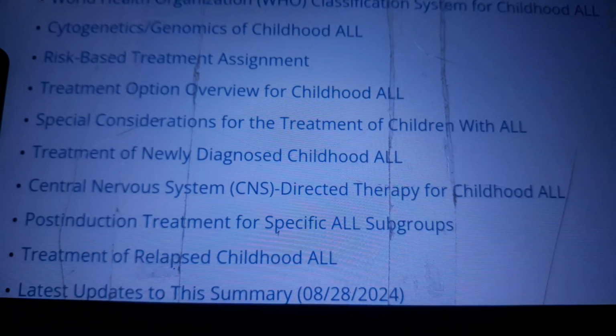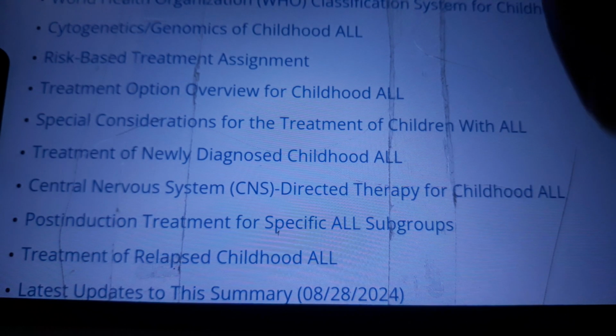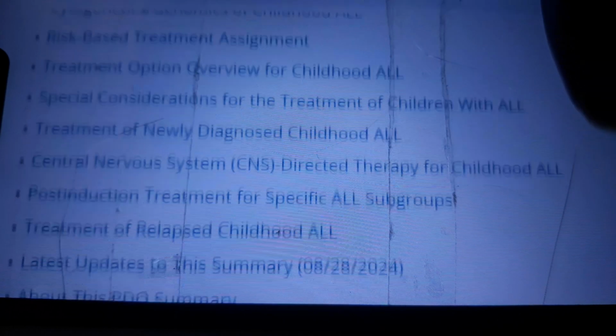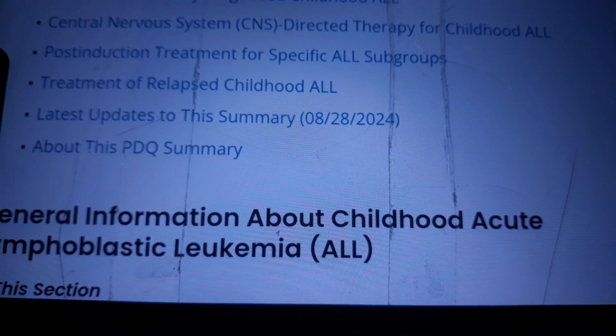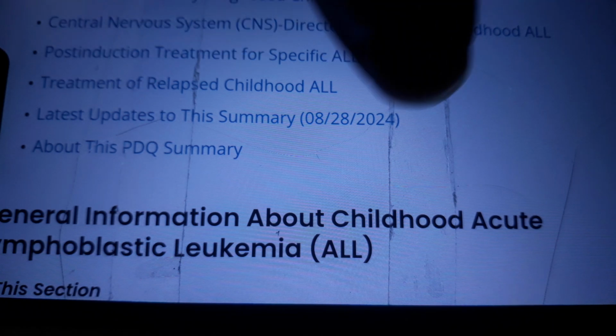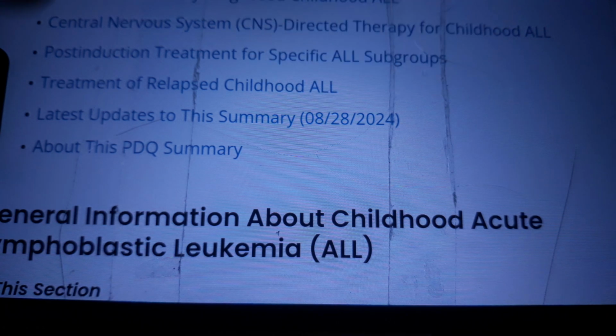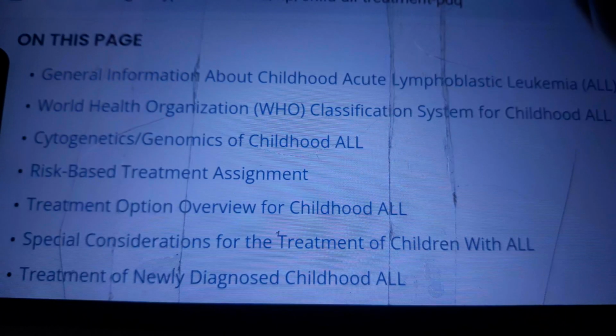And treatment options overview for childhood ALL, special considerations for treatment of children with ALL, treatment of newly diagnosed childhood ALL, central nervous system directed therapy for childhood ALL, post-induction treatment for specific ALL subgroups, treatment of relapsed childhood ALL, and latest updates to the summary at 08/28/2024 about this PDQ summary. This is what comes for the professional version.